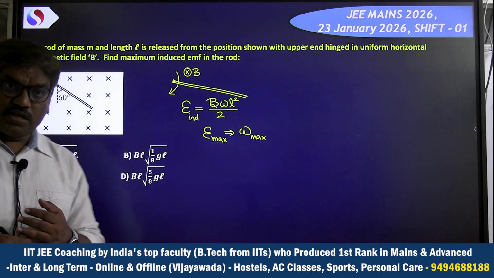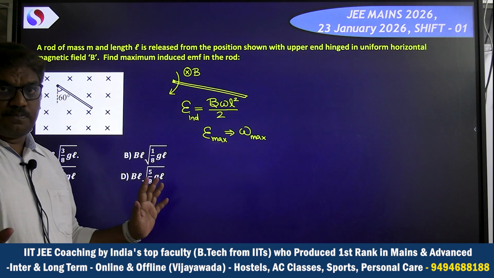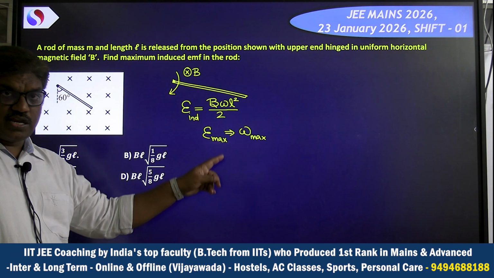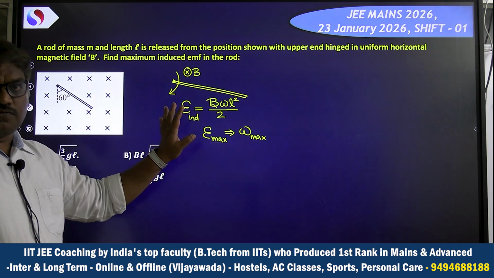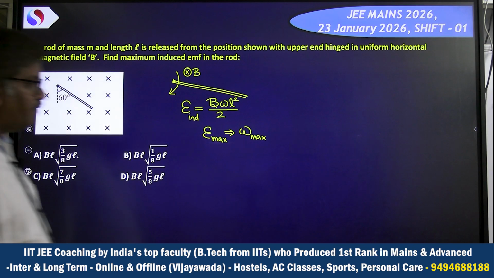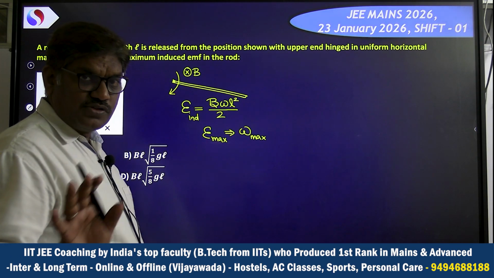Here we are calculating the induced EMF, but this rod is not making any loop. This point needs to be considered. This is not making any loop, so there will be no induced current, so there will be no magnetic force also, right? So to find omega maximum, I can simply follow the conservation of energy.